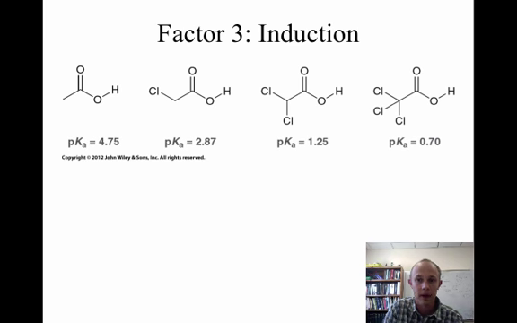Okay. Now what you want to keep in mind here is that the more electronegative atoms that you have, the stronger the acid gets, right? No electronegative atoms, weakest, followed by slightly stronger, stronger, strongest. 3 chlorines versus 2 chlorines versus 1 chlorine.